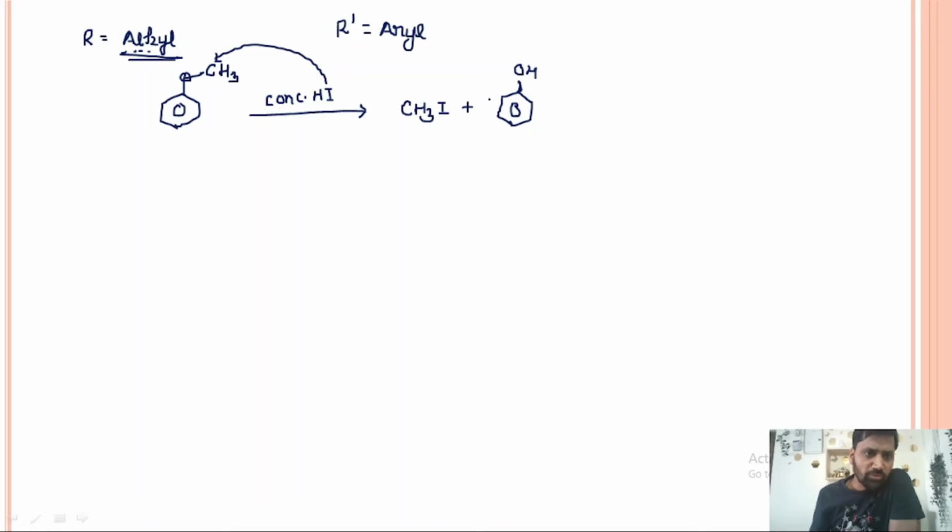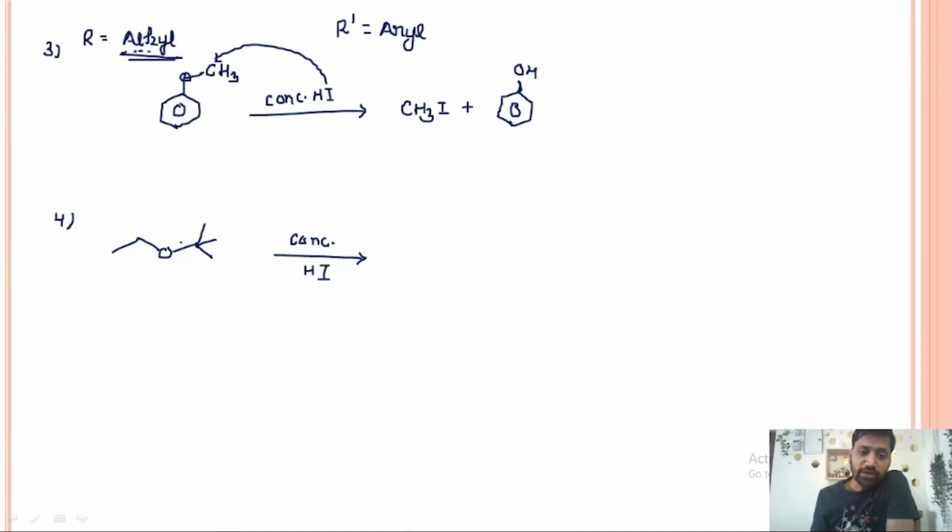One more case which you can encounter is primary and tertiary carbon. Suppose you have ethyl tertiary butyl ether. Now what do we do in these kinds of cases, because here we have two pretty much competitive carbons for SN1 and SN2: primary carbon is reactive for SN2 mechanism, tertiary carbon is pretty much reactive for SN1 mechanism.